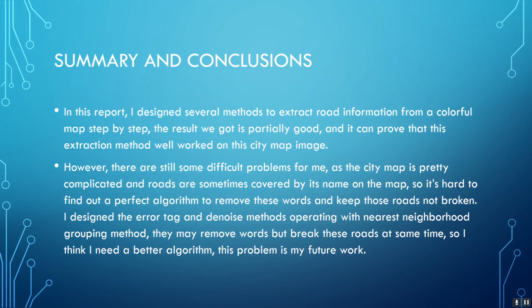So it's hard to find a perfect algorithm to remove these words and keep those roads not broken. I designed the error tag and denoising method operating with the nearest neighborhood grouping method. They may remove these words, but they may break these roads at the same time. So I think I need a better algorithm. As I said, I need a better algorithm in the future.